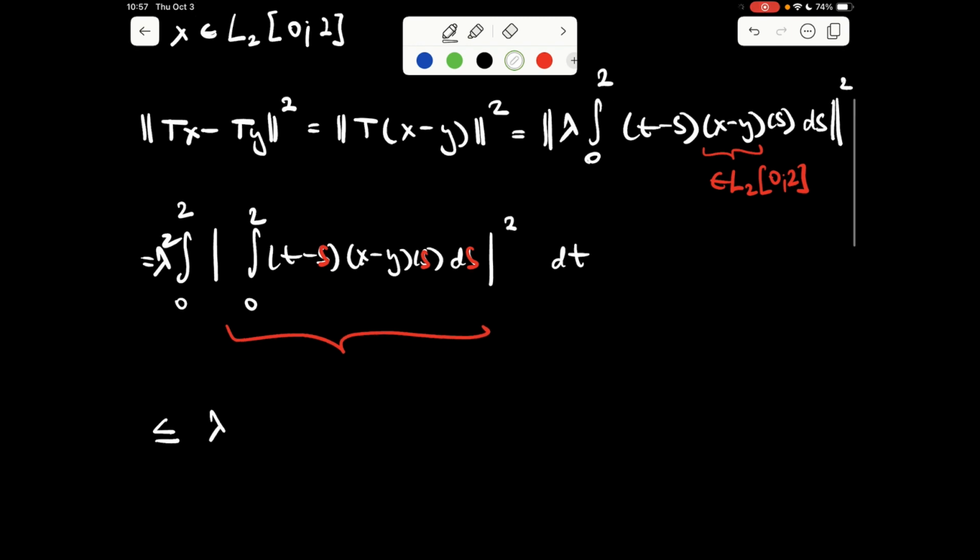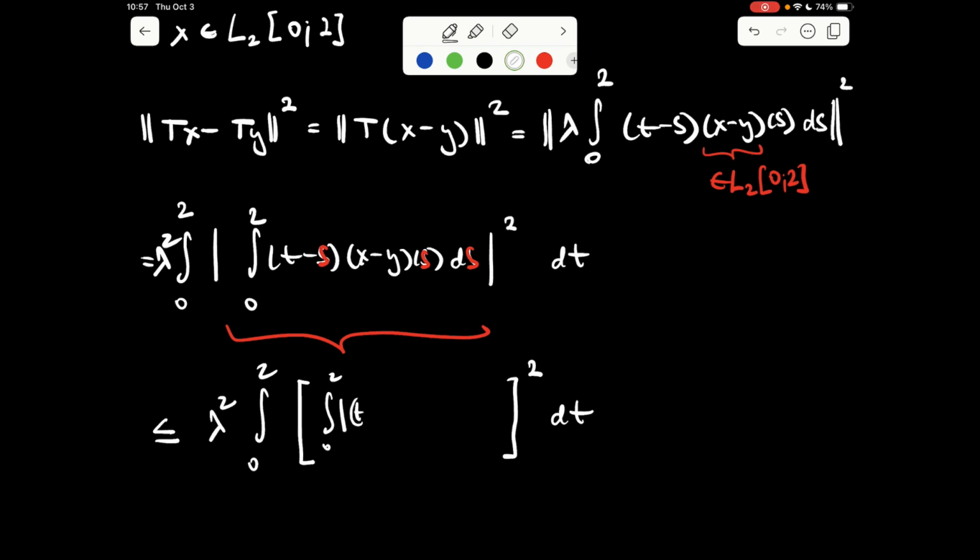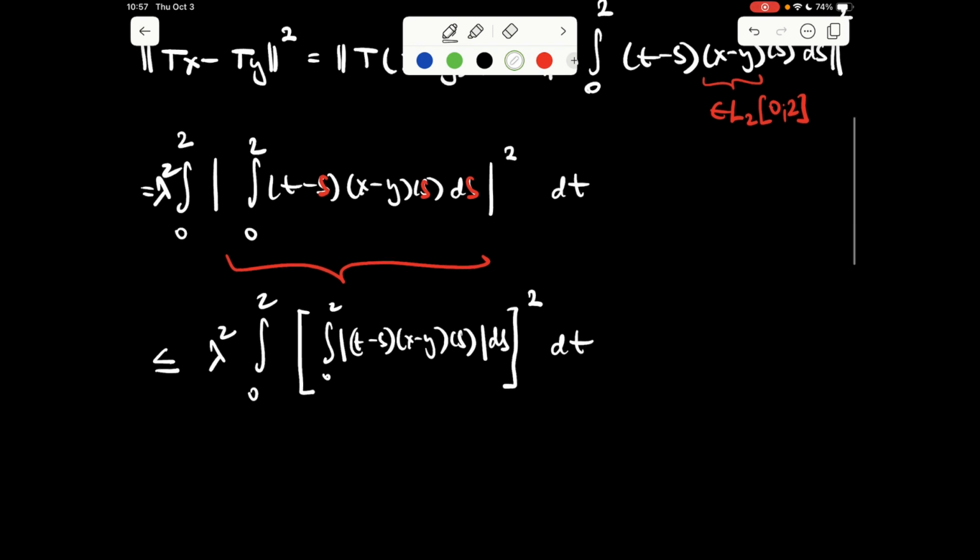So after realizing that by using the absolute value of the function, we might receive a higher value.